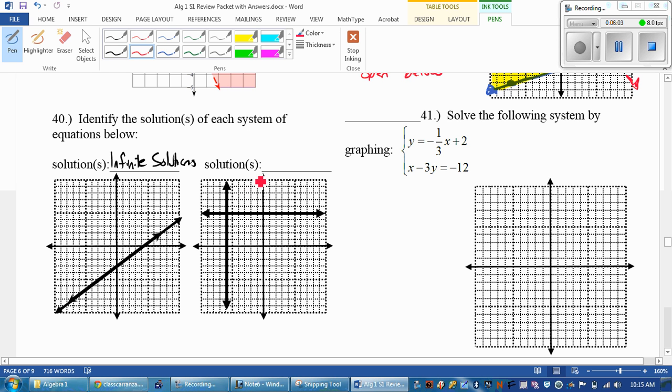Now, what about the next one? The solution is where the lines intersect. So what is that point right there? Well, that's the point, -6. So I go -6, and then how many up do we go? We go up 5.